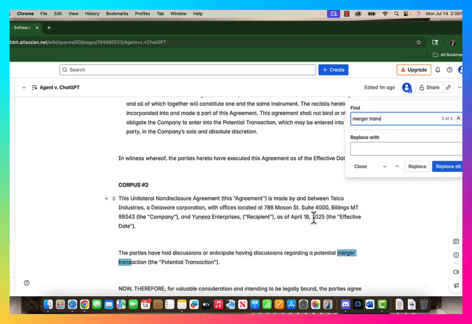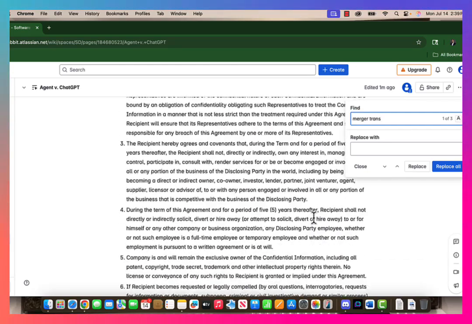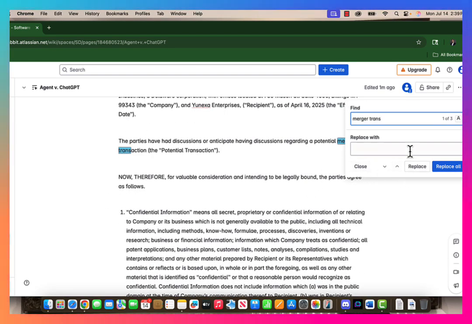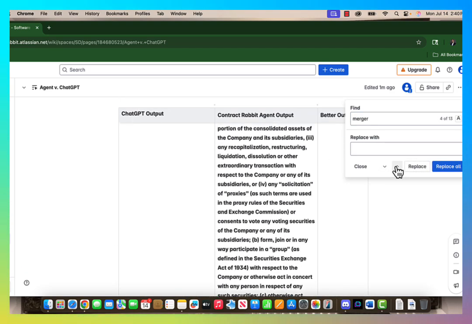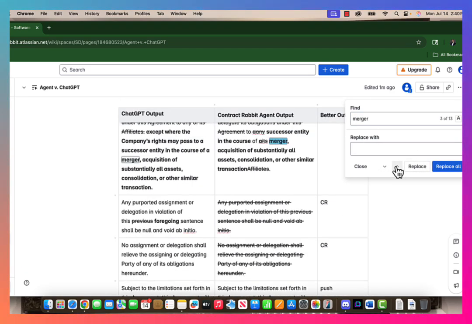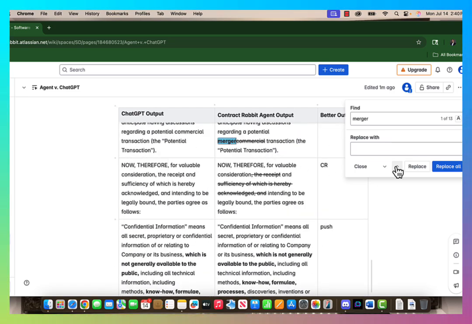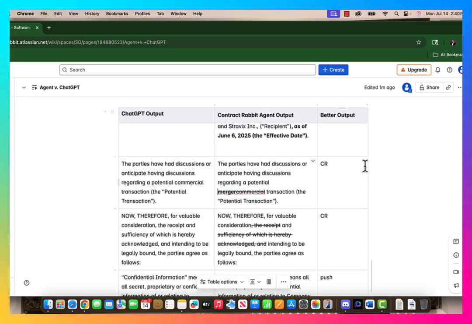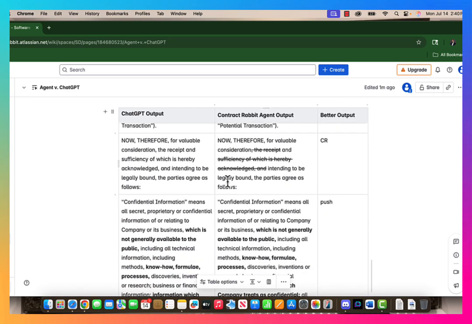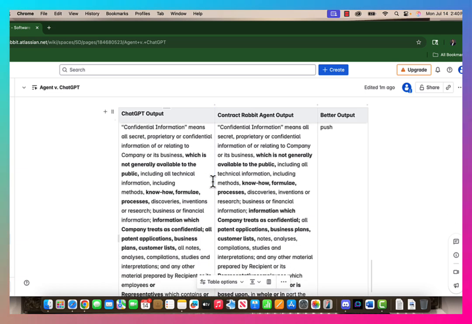So it says potential merger transaction, merger transaction, merger transaction, and that is why it's replacing the word commercial with the word merger. Okay, let's focus on a couple of individual examples.